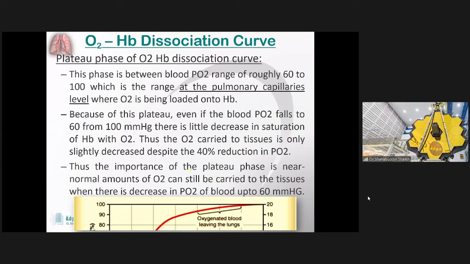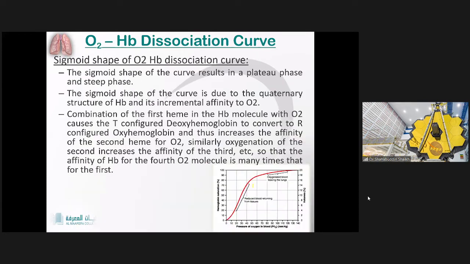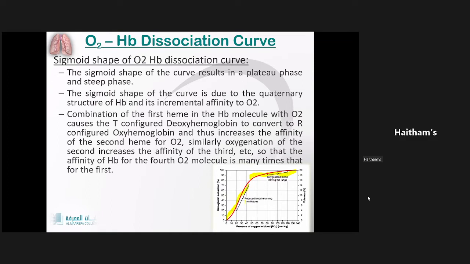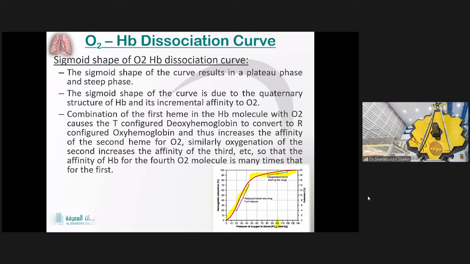You see, our curve has two parts, this plateau part and this steep part. The arterial oxygen pressure is 100 and venous is 40.